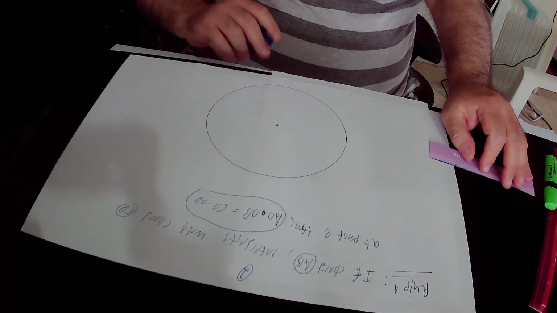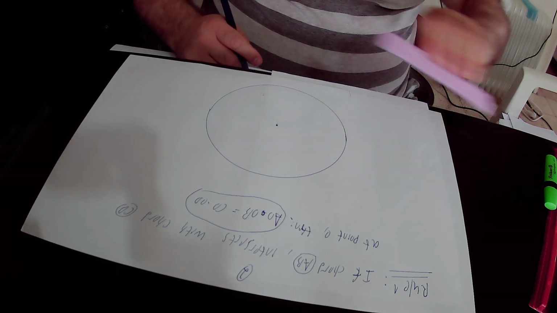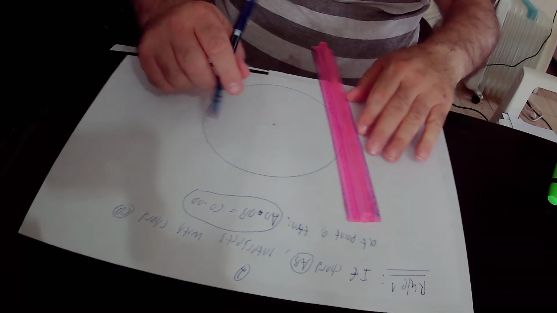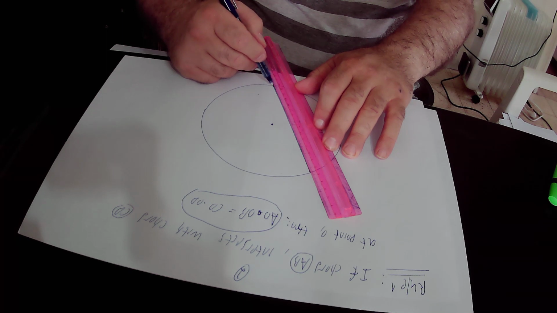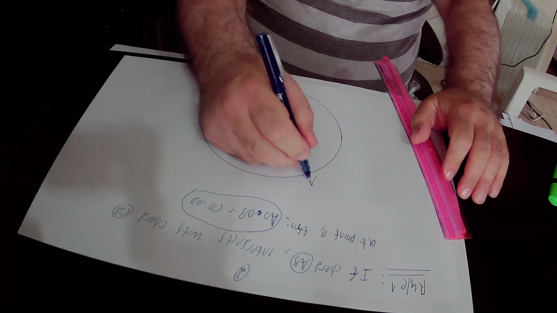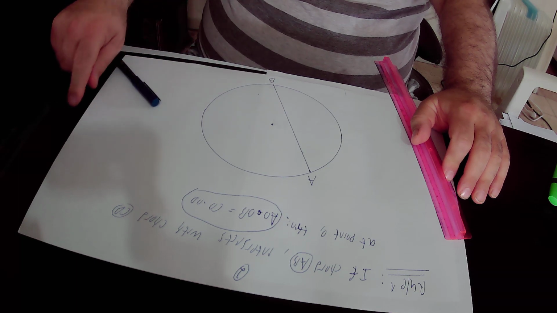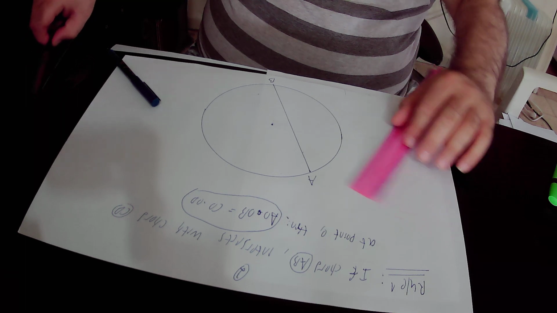So we have chord AB, this is chord AB, that intersects with chord CD.